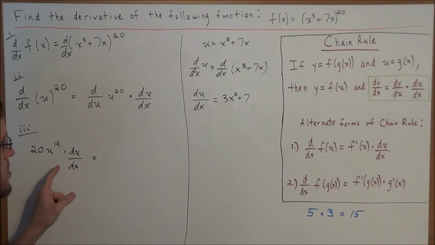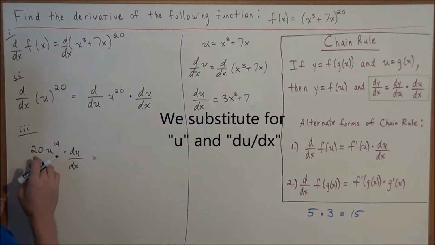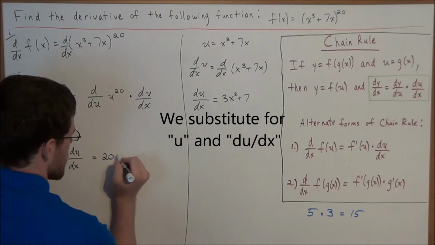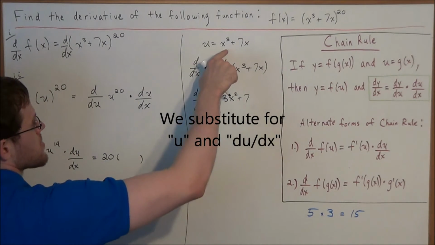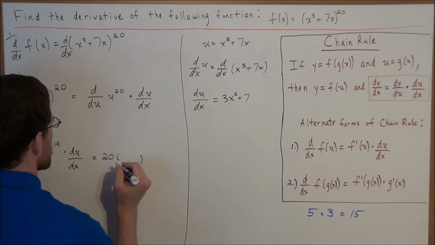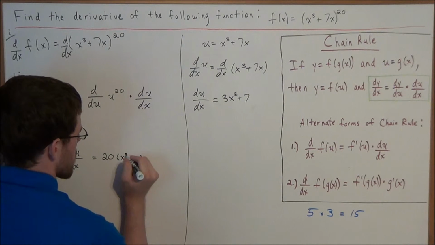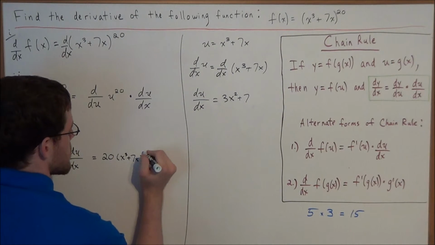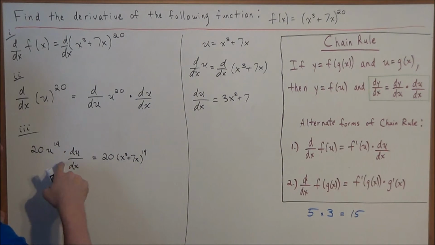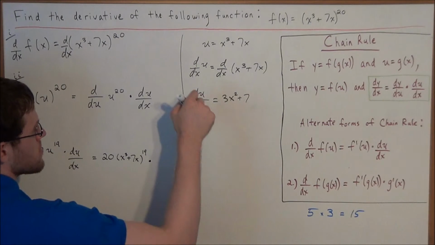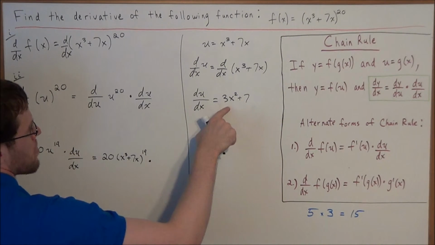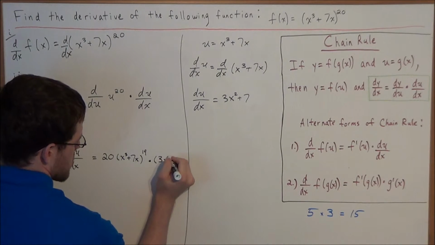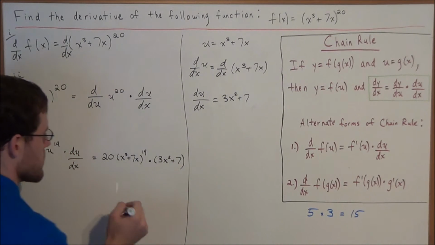We have 20 times u to the 19th power. So we have 20, and now remember, u is equal to x to the third plus 7x. So we have x to the third plus 7x to the 19th power. And now times du dx, but we found du dx to be equal to 3x squared plus 7. So this is all times 3x squared plus 7.